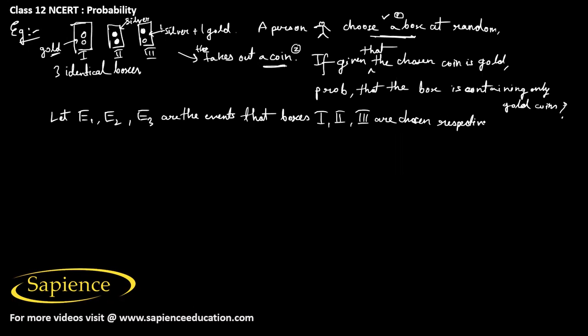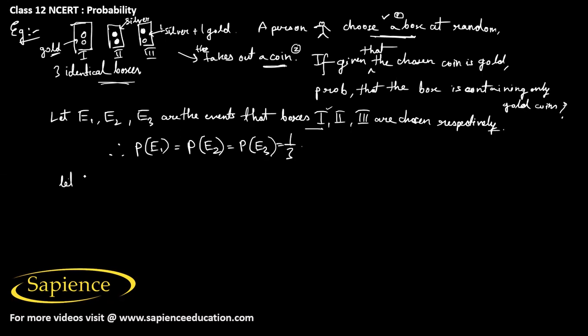It means the probability of choosing box 1 is E1, box 2 is E2, box 3 is E3. Therefore, the probability of event E1 equals the probability of event E2 equals the probability of event E3, which is equal to 1 by 3, since there are 3 identical boxes and I have to choose any one of them.